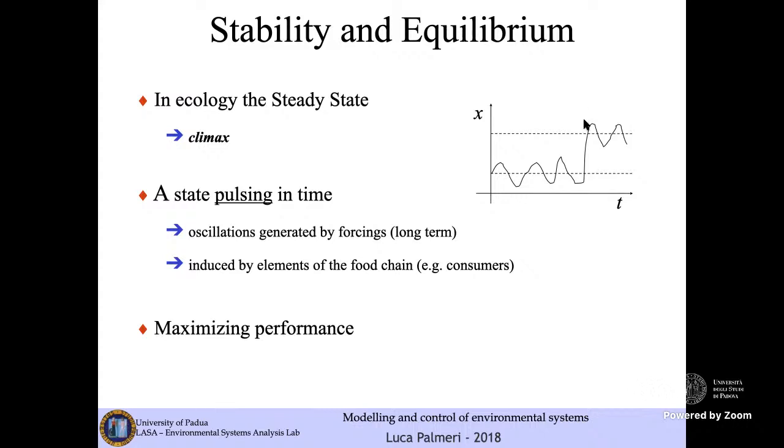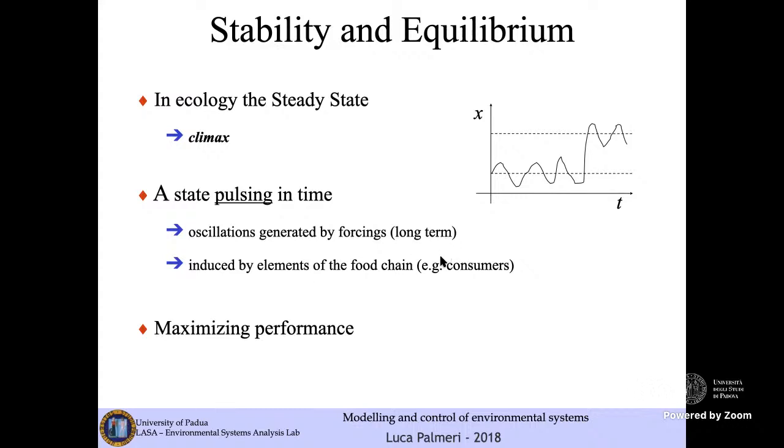So, as is typical in living systems, we may observe a state that is pulsing in time. The oscillations may be generated by forcing from the upper hierarchical level in the long term, but may also be induced by elements, for example, in the food chain, which is typical for consumers.